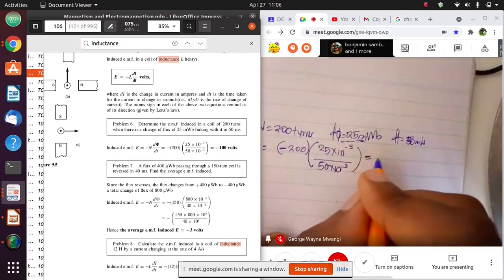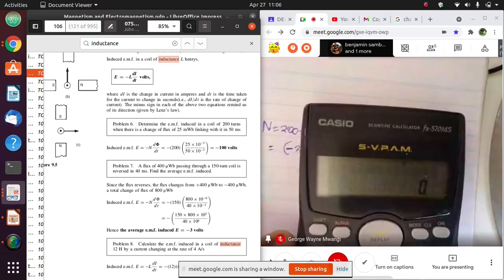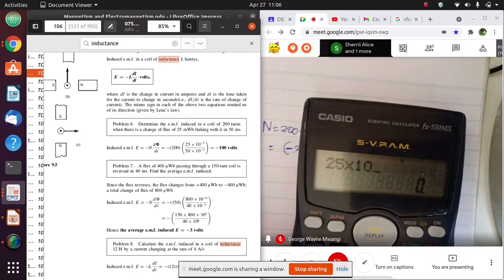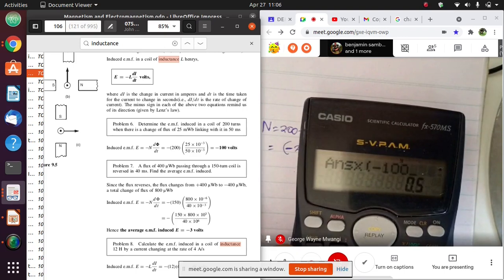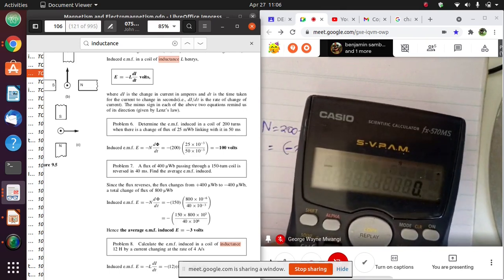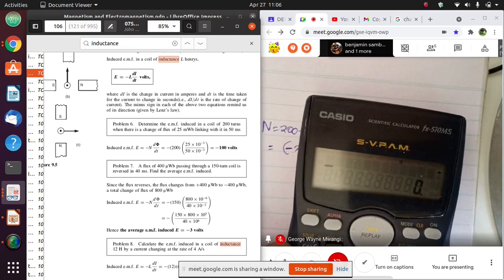So what will be the value of our induced voltage? Take 25 times 10 raised to power negative 3, divided by 50 times 10 raised to power negative 3, times negative 200.